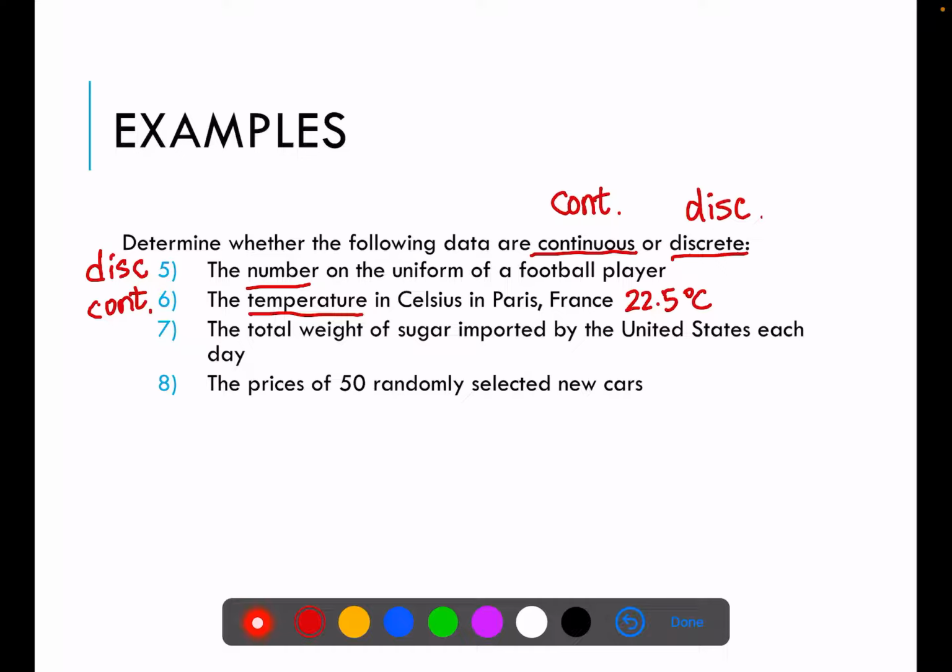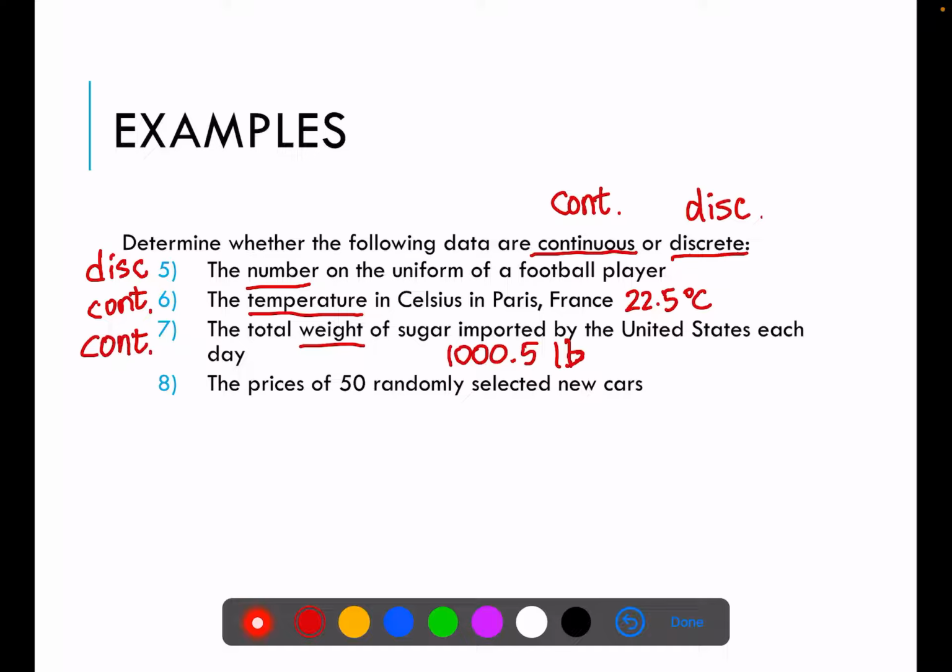The total weight of sugar imported by the United States each day. Again, when you're weighing sugar, it can be 1,000.5 pounds or kilograms. Because it can have decimals, it's a continuous variable.